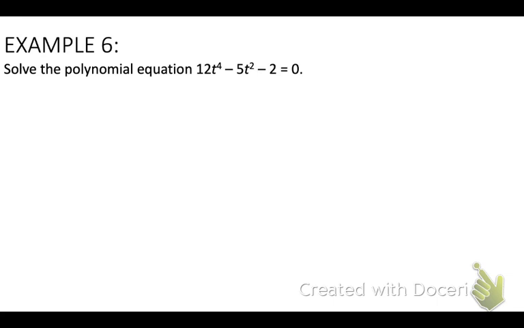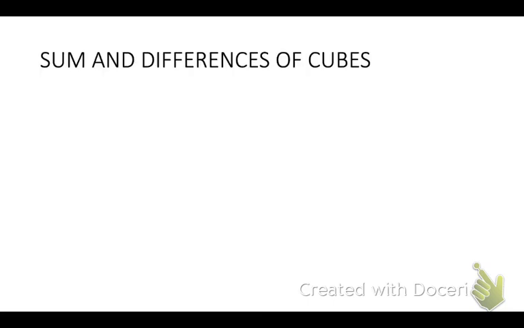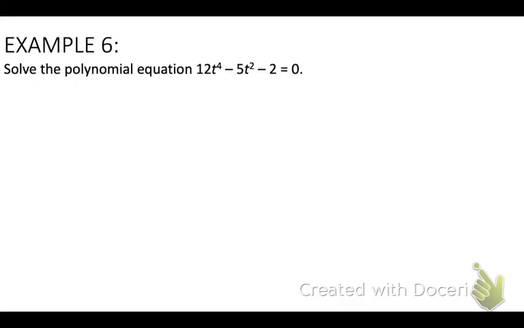Next one, 12t to the 4th minus 5t squared minus 2 is equal to 0. All right, so because we had the highest degree of 4 and then 2 and then 0, I'm going to try to factor it like I normally would, just keeping in mind that instead of t, I would have t squared.